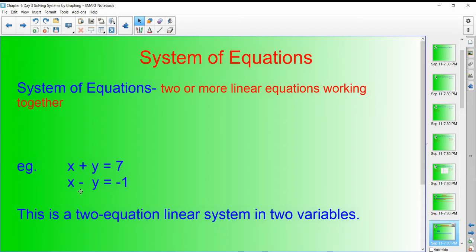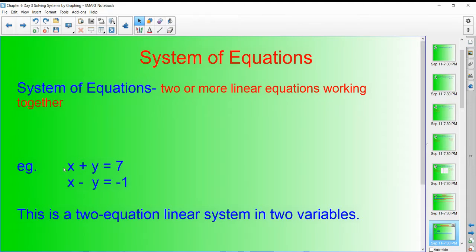Both of these are standard form for a line. And I want us to be comfortable with the vocabulary. When I ask you, how many equations do you have? That's going to help us figure out, well, how many lines should I have on my graph? Is it linear? Should I graph straight lines, or are there going to be curves involved? All of that's going to be very important.